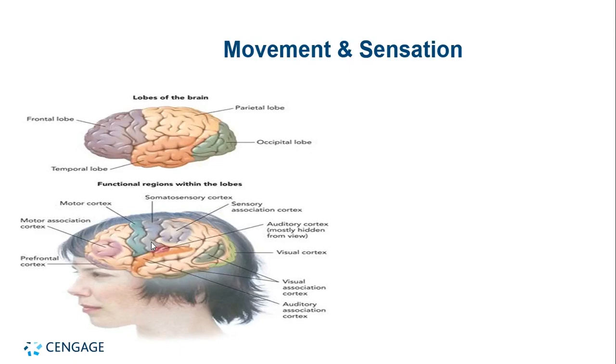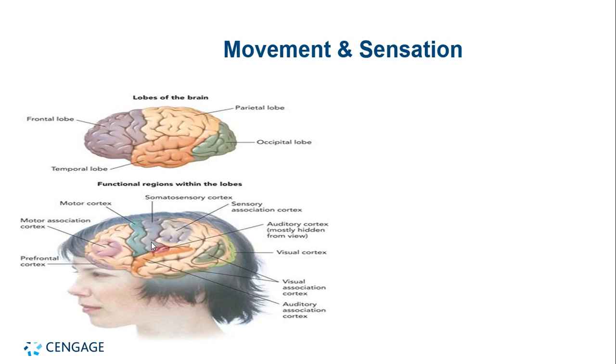Specifically, if I were to grab a cup of soda that's filled, well, my somatosensory cortex would help me understand that the cup is heavy. And so, therefore, it would send a signal to my motor cortex to hold the glass tighter, right?